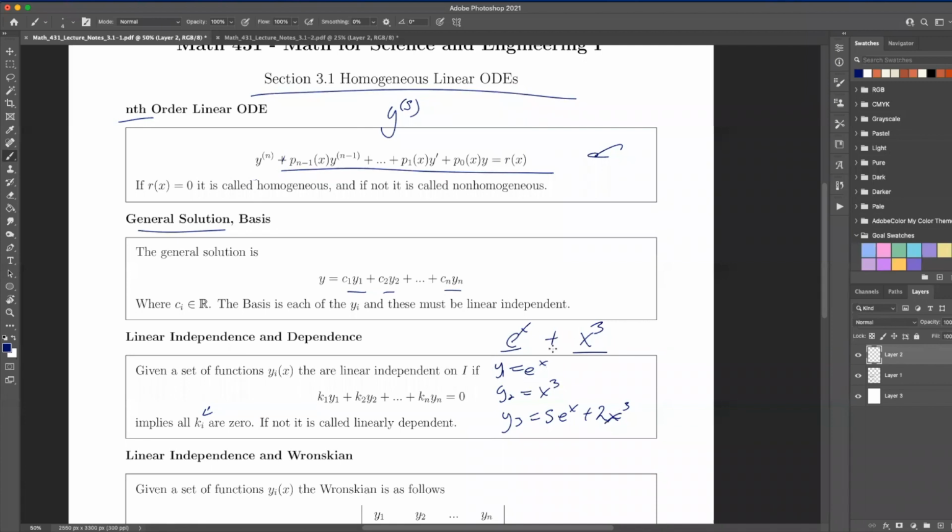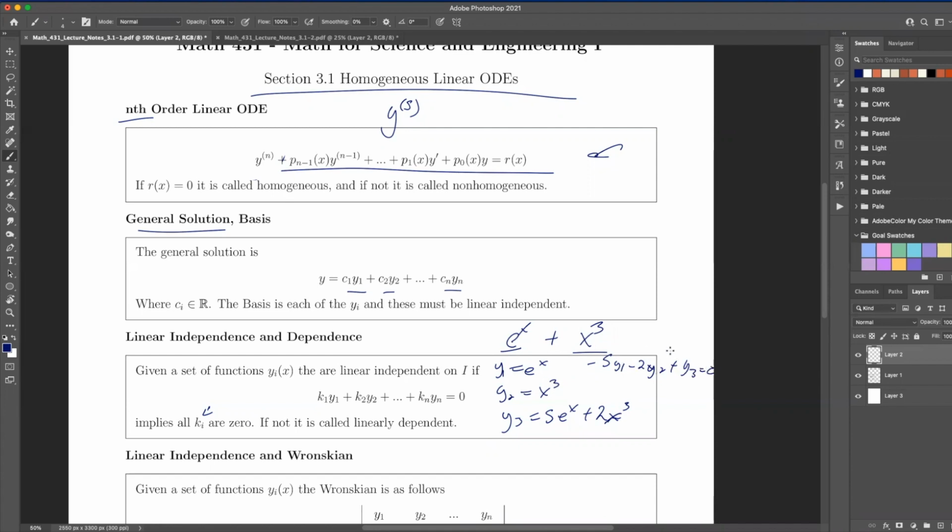What do I mean by that? It means I can say minus 5 y1 minus 2 y2 plus y3 equal to 0.